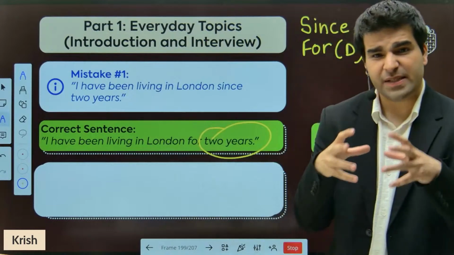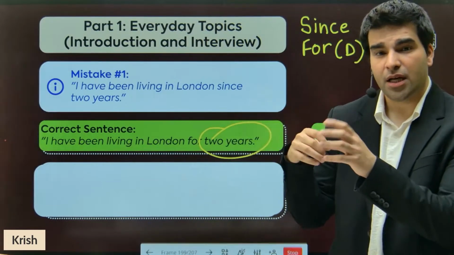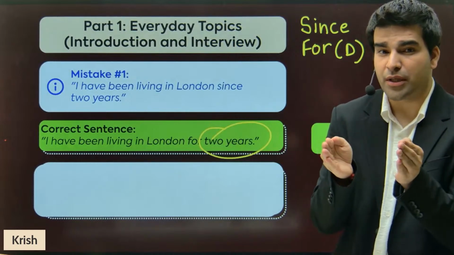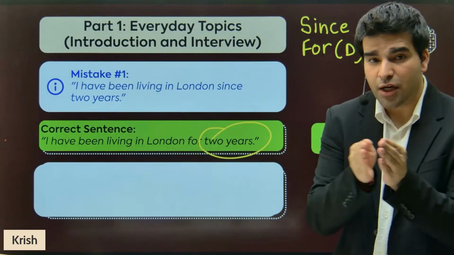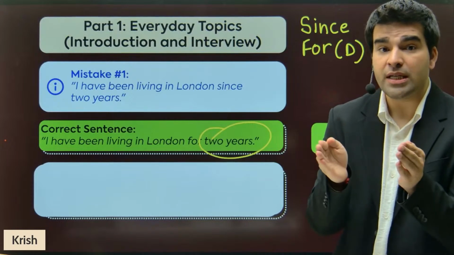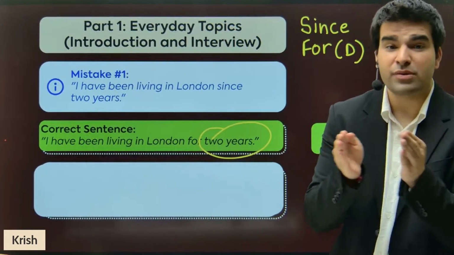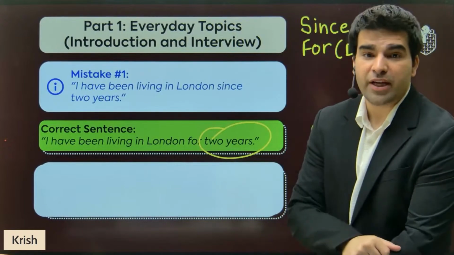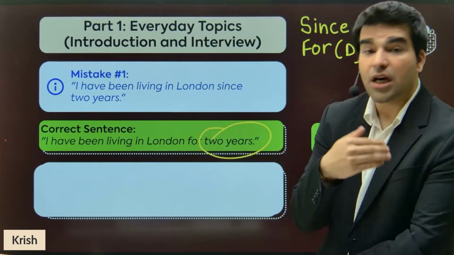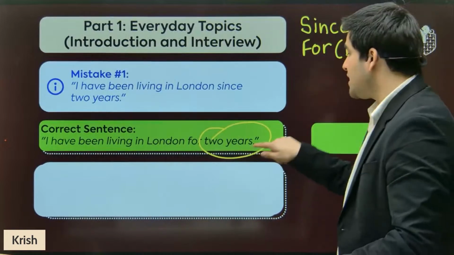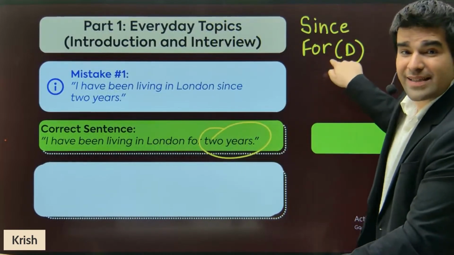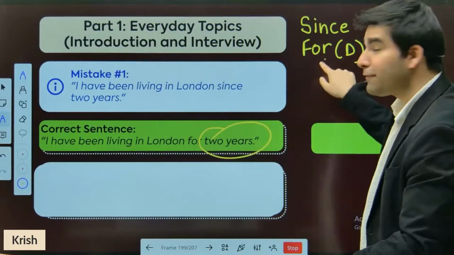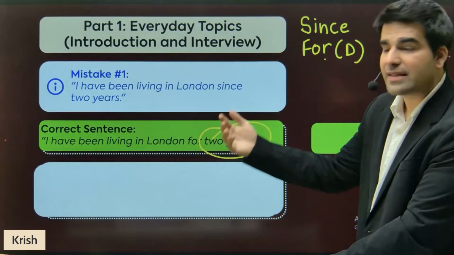Is 2 years a specific time in the past, like January 2024, or is it expressing a duration? 2 years, 2 months, 2 weeks, 2 minutes, 2 seconds is a duration. It's expressing a duration. So when you see something like 2 years, it's a duration, and for that, we use "for" rather than "since."